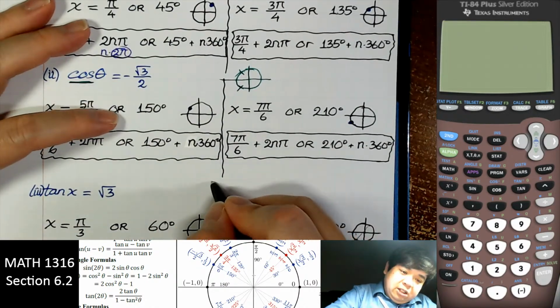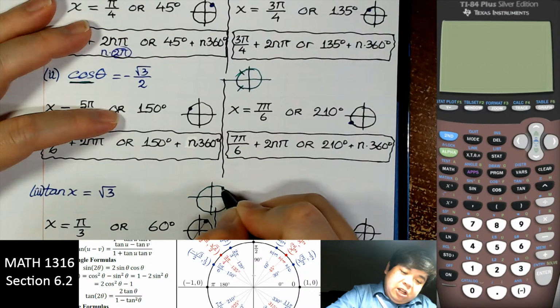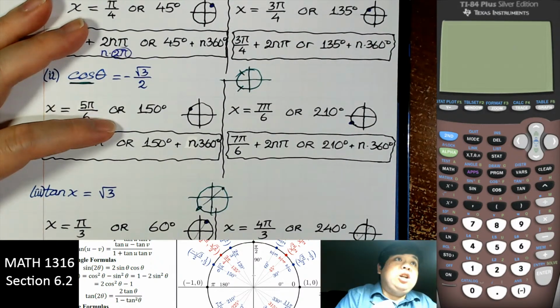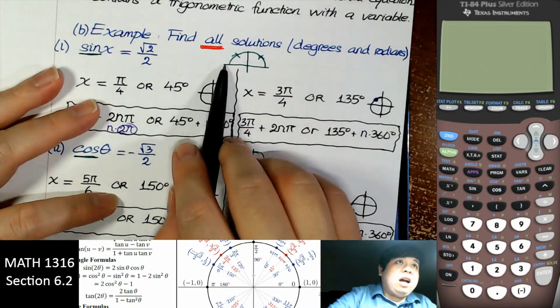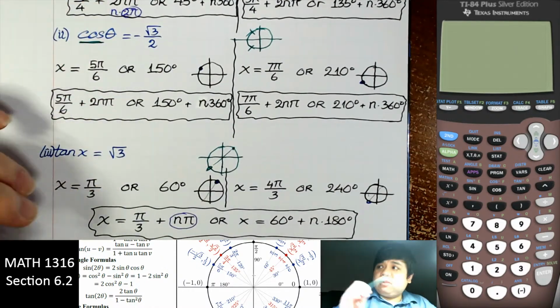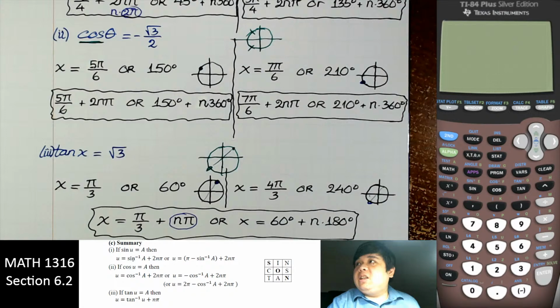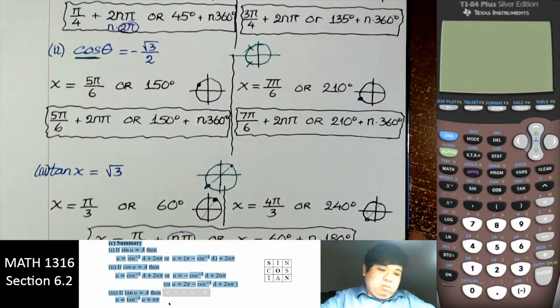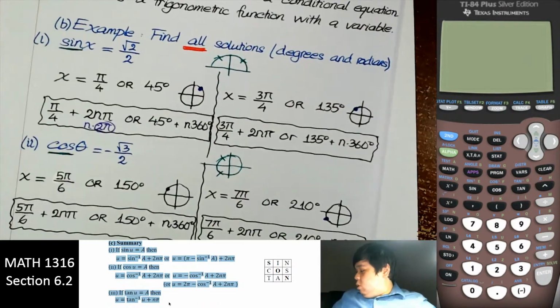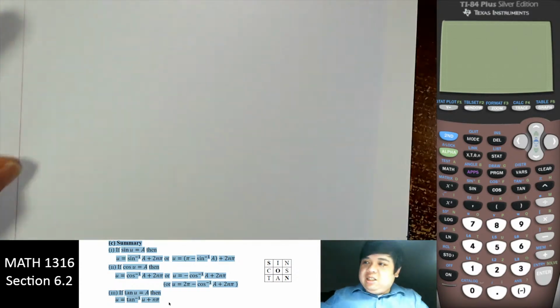And for tangent, the answer is across the origin. So across the y-axis, across the x-axis, across the origin. Even better, we have this summary. Let's write down all the formulas for trigonometric equations.